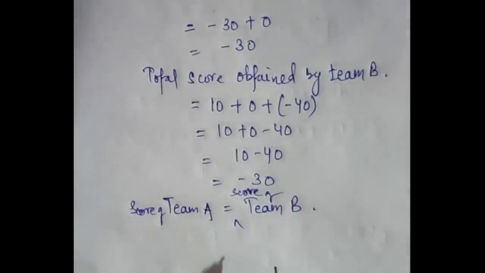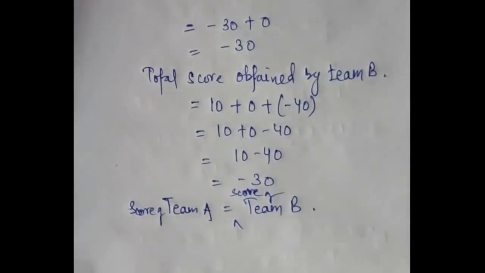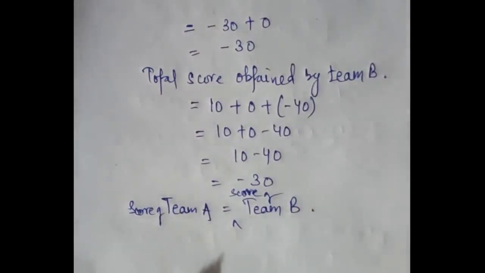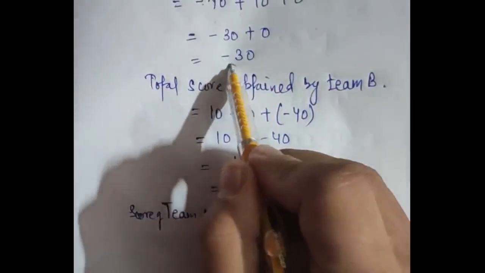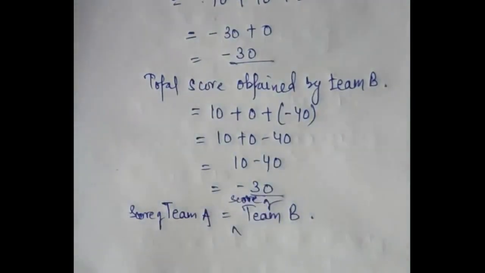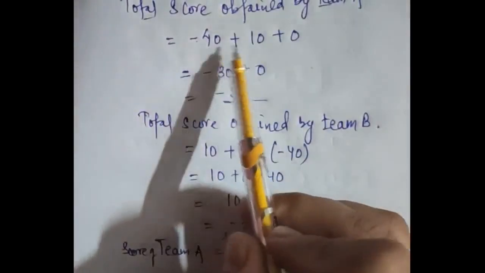So our next question is, can we say that we can add integers in any order? We can say that the result is the same here, right? We are getting -30, -30, but the arrangement was different.